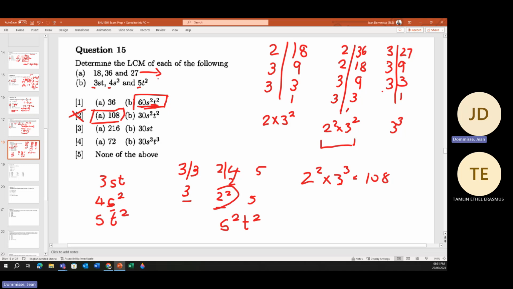Definitely not 36 because, okay, so I don't know what your answer would have been for this one then. But I nearly would have gotten 108 for the first component and 60 s to T2. But I will just go and check this out again.